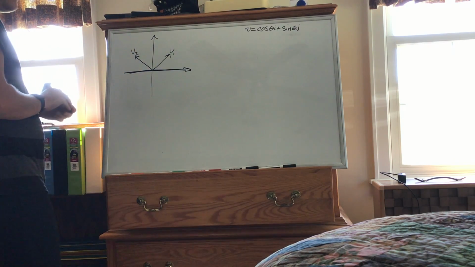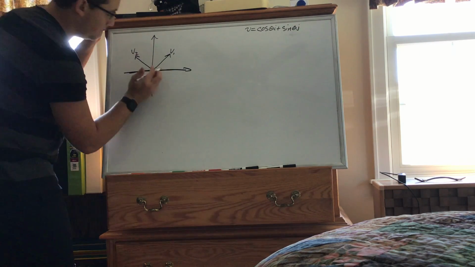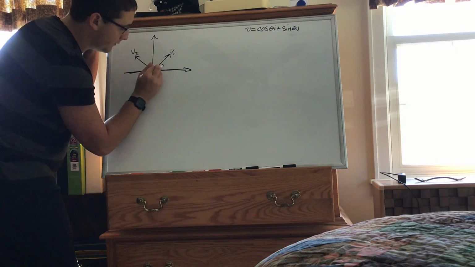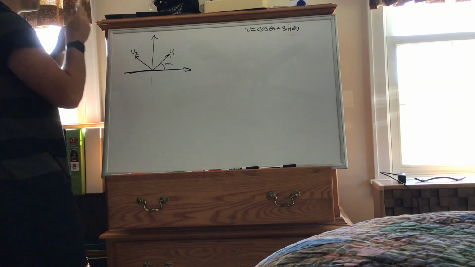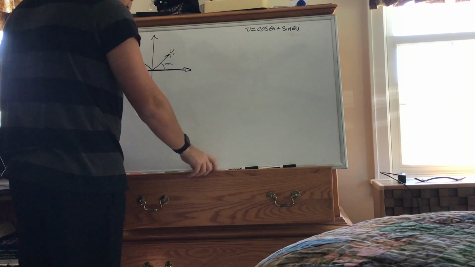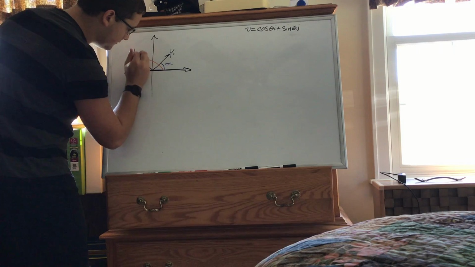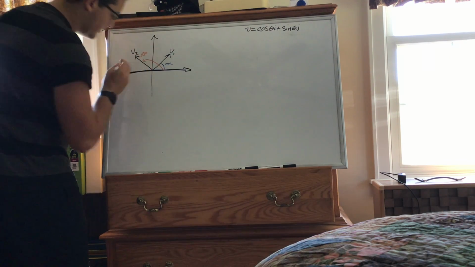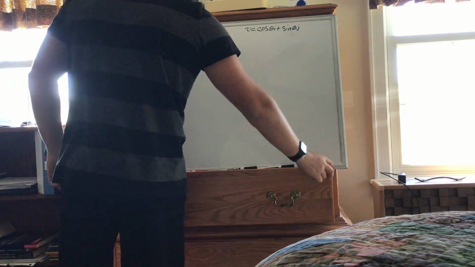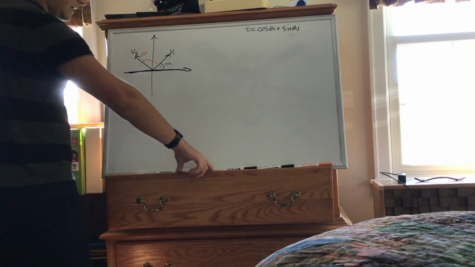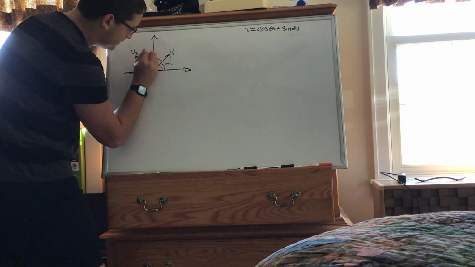So what we see here is we have two angles. We have one angle right here, we'll call this alpha, and we'll have one angle off of here, we'll call it beta. Then we can write another one, which is the angle in between these two vectors.